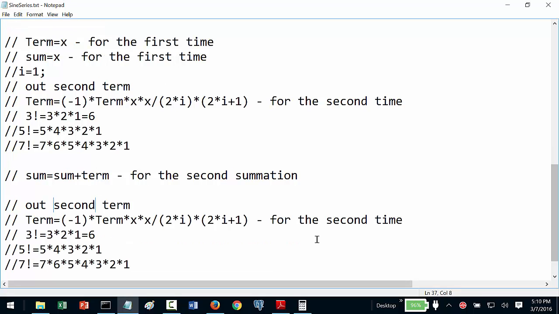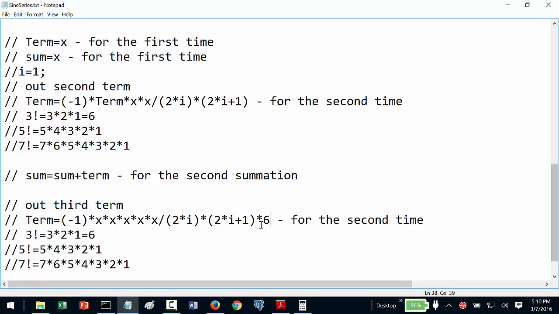So what is my third term? My third term was x cube by 6, correct? So this was x into x into x, x cube, whole divided by 6. I'll just keep it as it is.